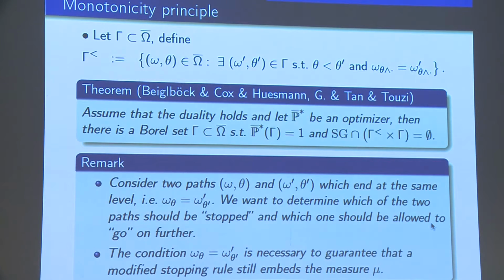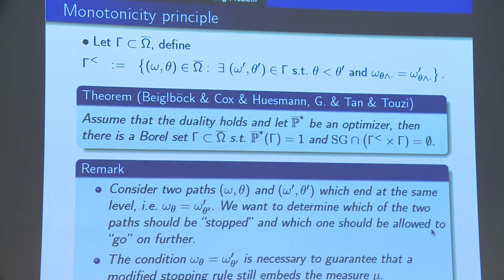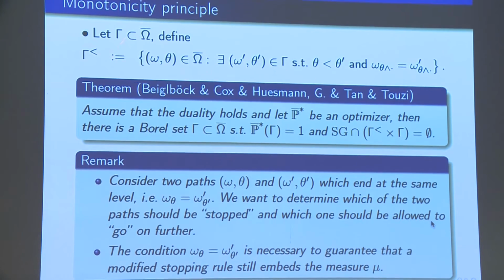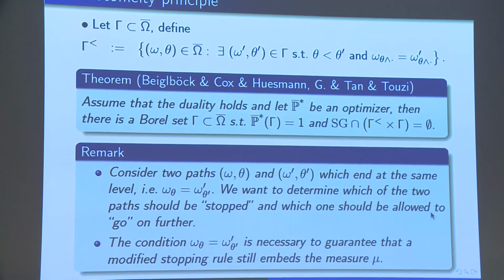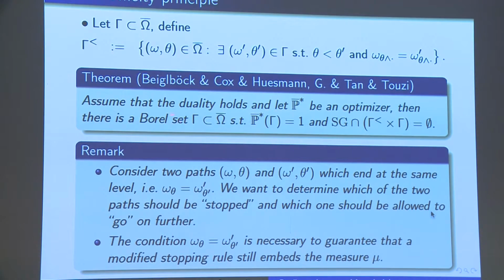Okay. Then for every subset of omega bar, we define another set gamma inf, such that each element could be extended strictly in gamma. Okay, with all the notations above, we may provide the main result.